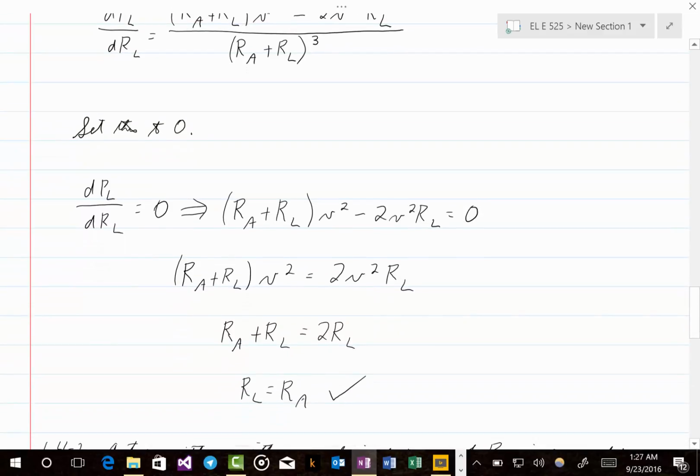And of course, you can see here that the V squareds on both sides will cancel to give us RA plus RL is 2RL, which of course implies that RL is equal to RA. So indeed, the maximum power transfer occurs for RL equals RA.